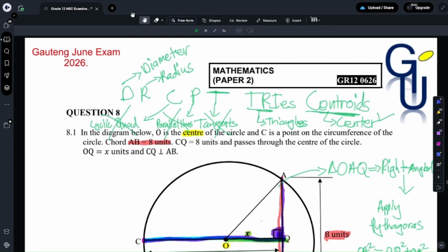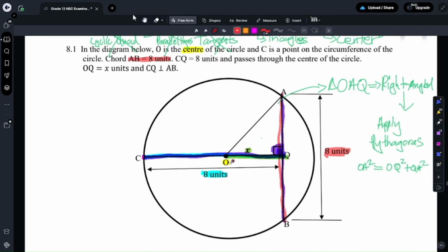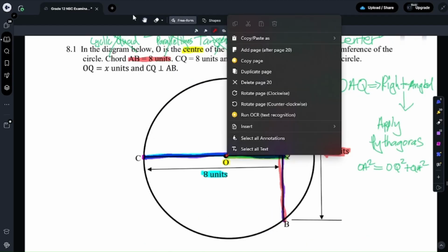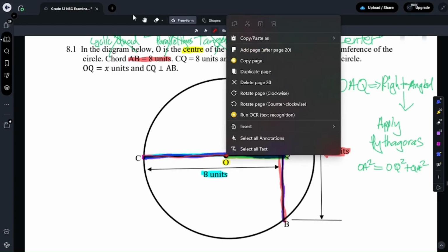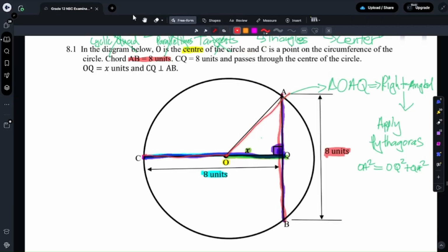Then you want to check whether you've got a radius. So remember, a radius is a line from the center of the circle to a point on the circumference. So this OA is a radius, and also OC is a radius. So you can go ahead and note that we've got OC, then we've got OA. So these are our radii.